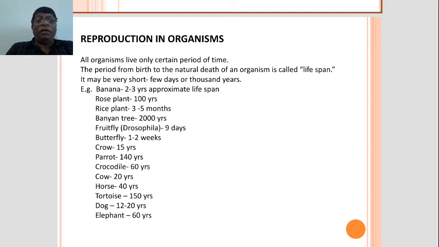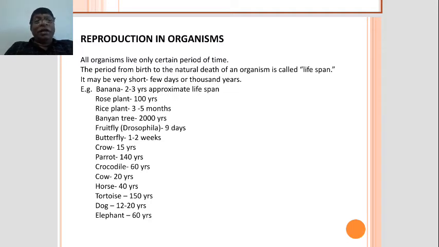Tortoise lifespan is more when compared to the other animals. Okay. So two important questions may appear in your examination. One is, in case of plant kingdom, the banyan plant has more lifespan, that is 2000 years, whereas in the animal kingdom, tortoise has more lifespan.